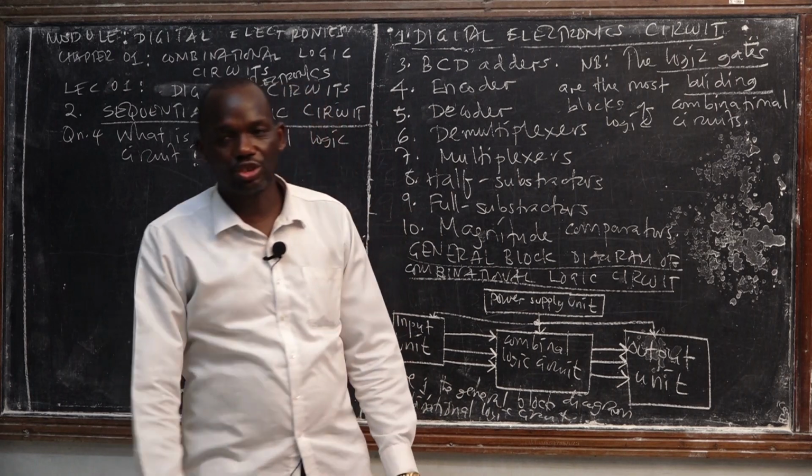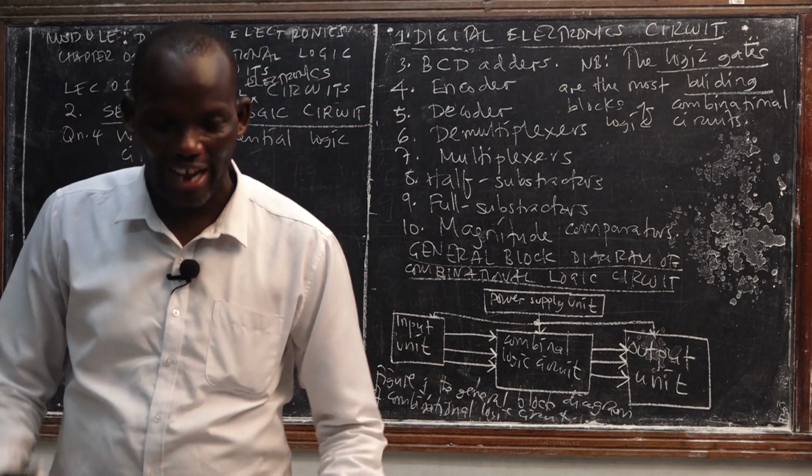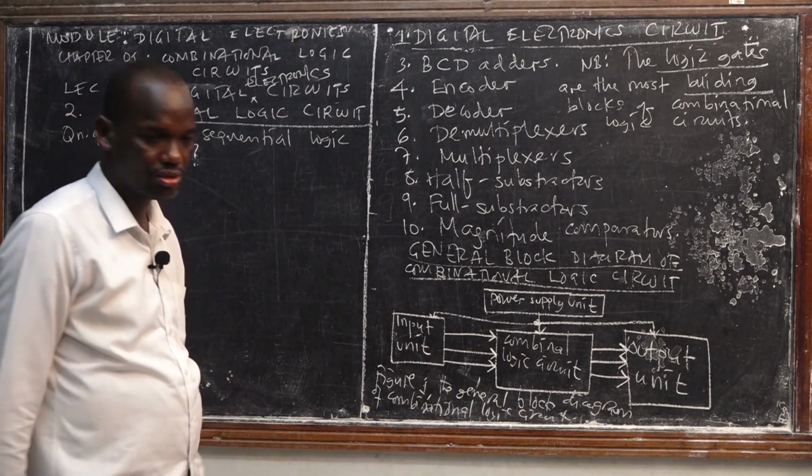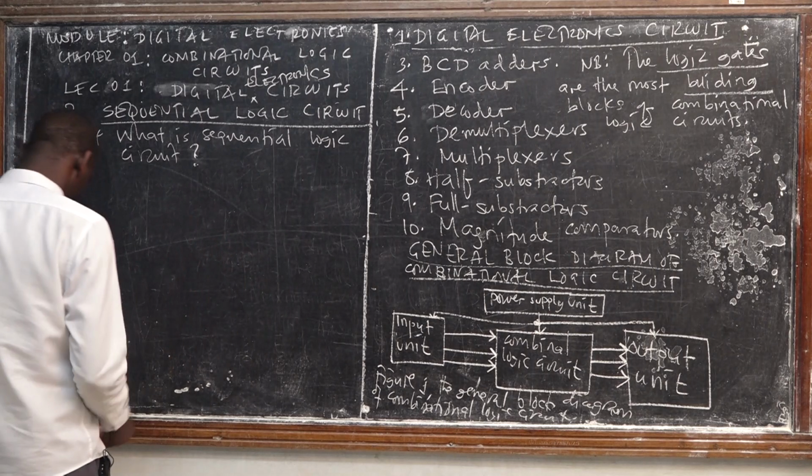So these combinational logic circuits, mostly we manufacture them by using logic gates. Right? Yeah.